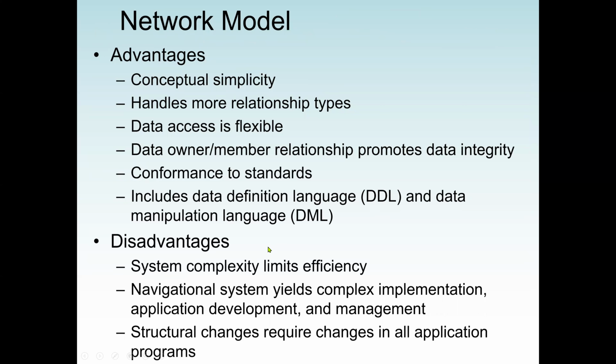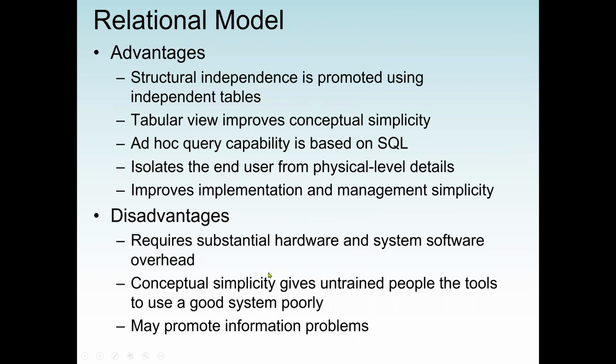The disadvantages for the network model will be that system complexity normally limits efficiency, and the navigational system yields complex implementation, application development, and management. Also, structural changes will require changes in all the application programs. So this is, again, a very important disadvantage.